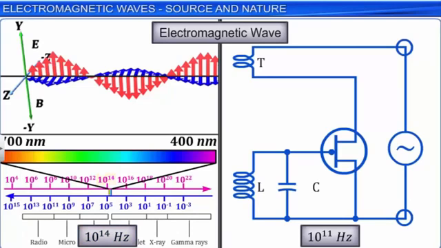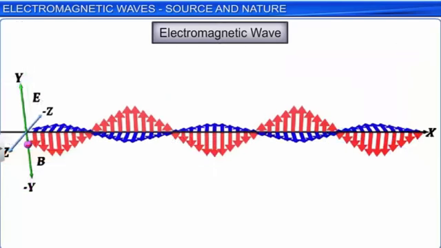From the above discussion about electromagnetic waves, it is clear that the electric field E and the magnetic field B oscillate perpendicular to each other and perpendicular to the direction of propagation of the wave.